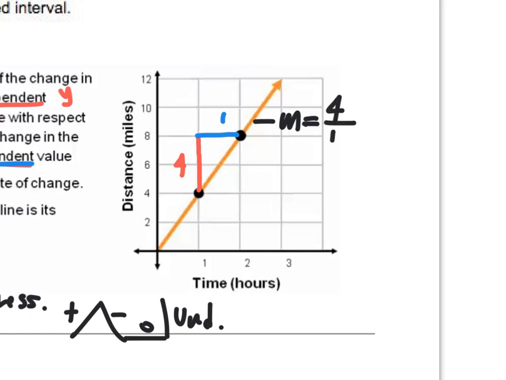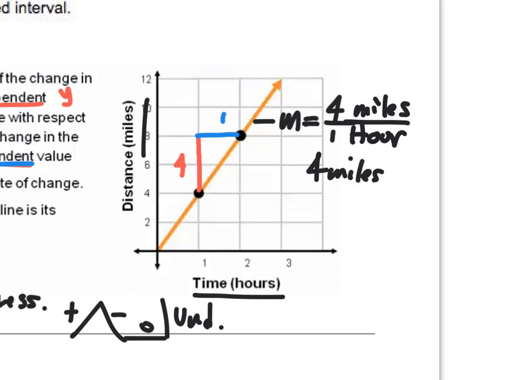However, we have an actual value for what x means and what y means, and the y value is distance. So what we get here is 4 miles per 1 hour. So miles over hours, 4 miles per 1 hour. Oh, look, that's a speed. That's 4 miles per hour.